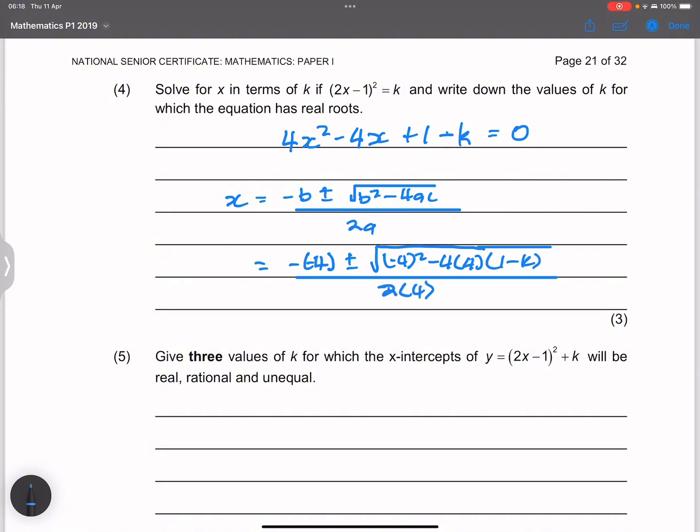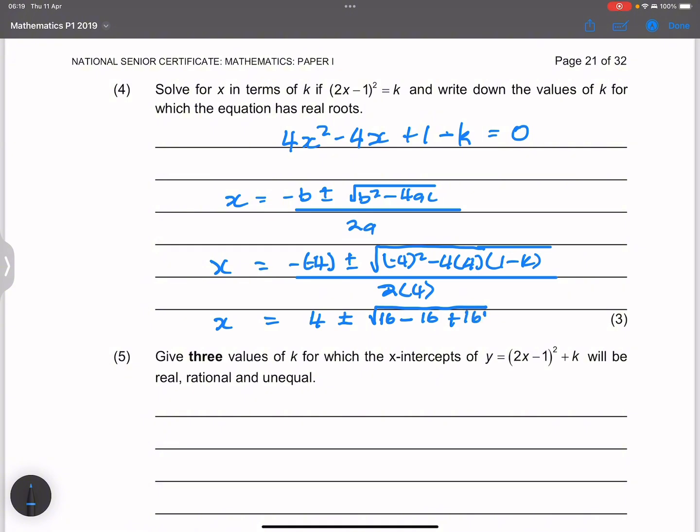All right, so let me just write that out. That's going to be 4 plus or minus the square root of 16, minus, now if I say negative 4 times 4, that gives me minus 16 times 1. That's minus 16. Plus, negative 16 times positive k, that's plus 16k.